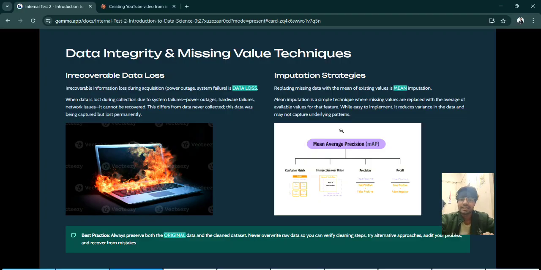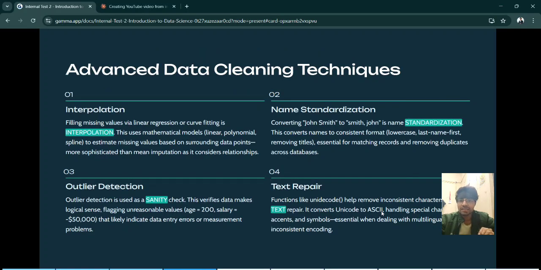Now let's cover the next question, continuing with data cleaning. Filling missing values using linear regression or curve fitting is known as blank. So the answer is interpolation, predictive imputation or regression imputation. This is more sophisticated than mean imputation.